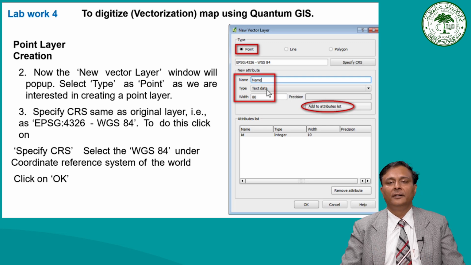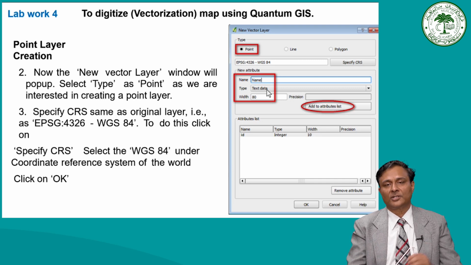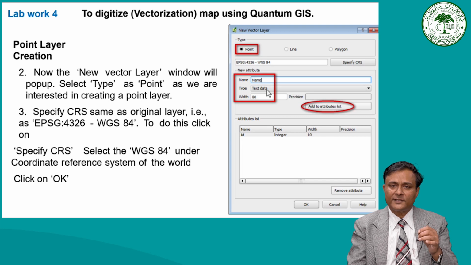These would be represented through value information. So I would select value information here. That means I would be putting up some digits here. Once I select text data, then only text can be inserted. If I select value, then only digits can be inserted.